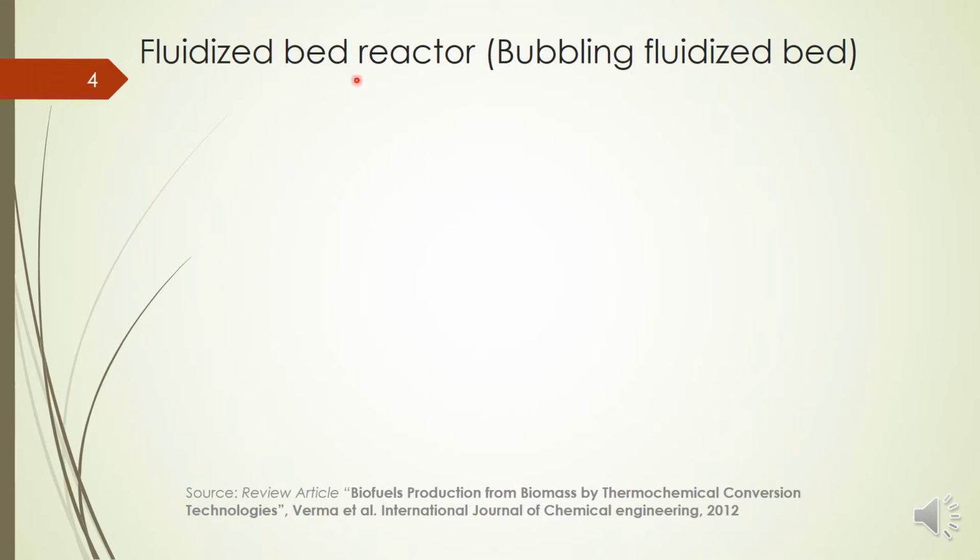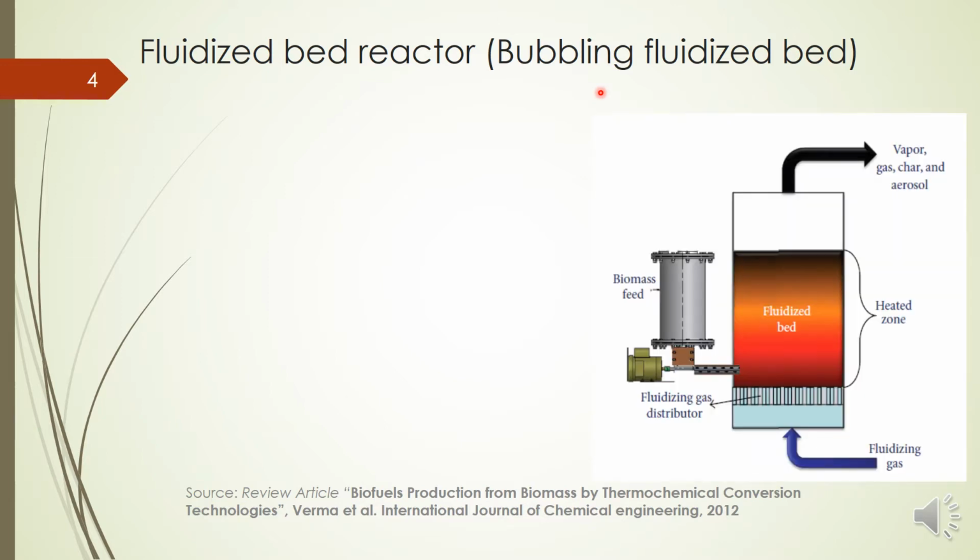Next is the fluidized bed reactor, normally a bubbling fluidized bed reactor, BFB, because the circulating fluidized bed reactor is coming in the next chapter. We have already understood the concept of fluidized bed.